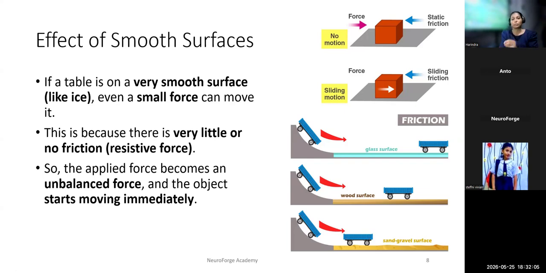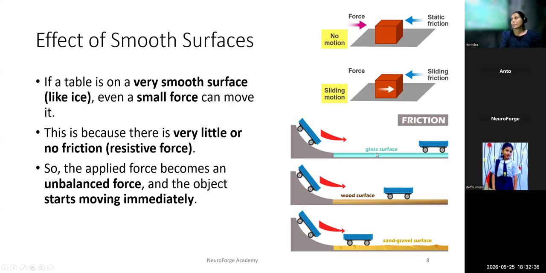Even with a small force we can move an object, which means we have to apply little force to move that object because frictional force is very low on this type of surface. The forces become unbalanced and the object moves easily because we apply more force than the friction.